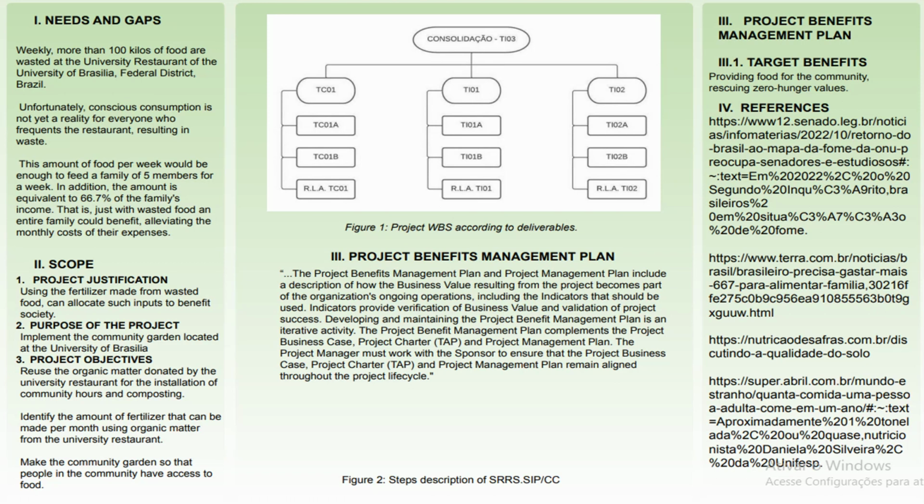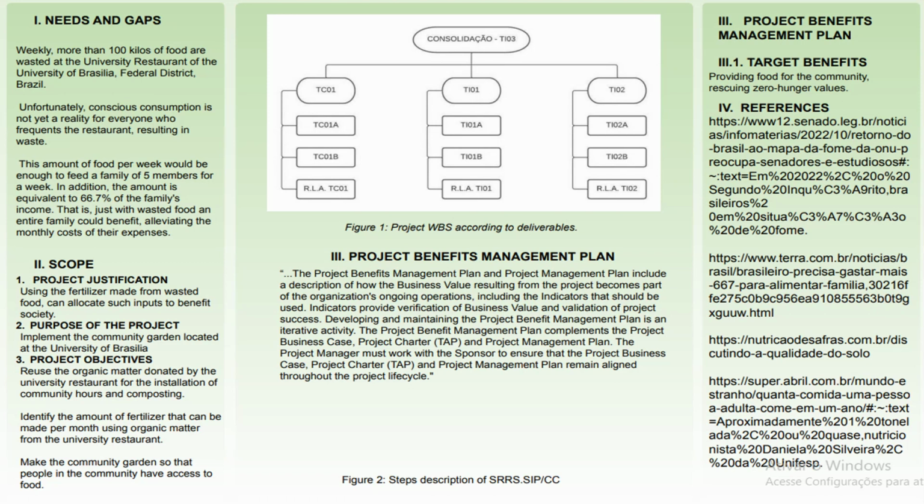To continue, we're going to talk about the scope of the project. This basically is the structure and how we're going to structure our project. Then we'll talk about the justification of the project, that we can transform this wasted food into fertilizer for our community garden.